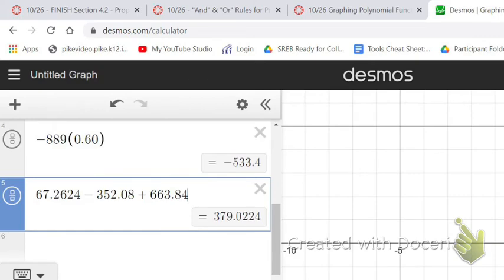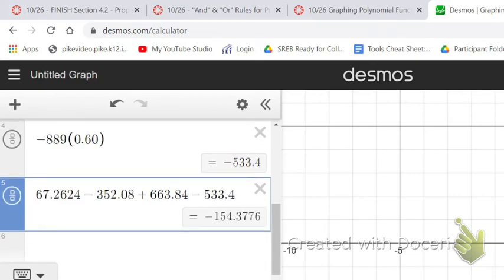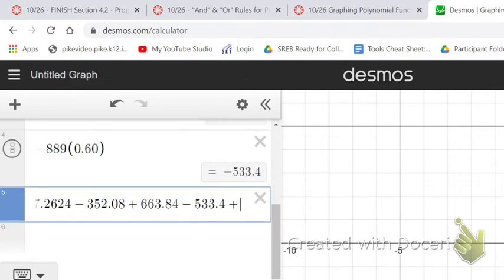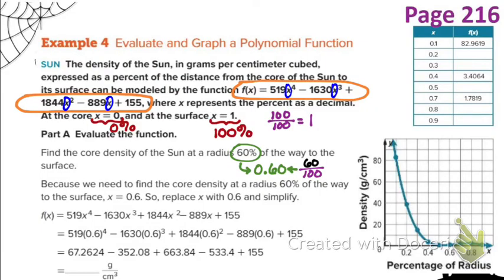So minus 533.4. What am I adding? Plus 155. And there's my answer right there. 0.6224. That's what I want down here.